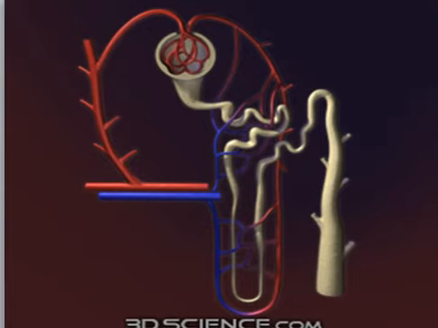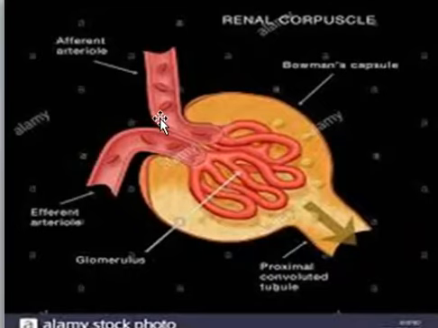Now we return to the corpuscle. The renal corpuscle is composed of two parts. This is the glomerulus, a tuft of blood capillaries with afferent and efferent capillaries, and the Bowman capsule.